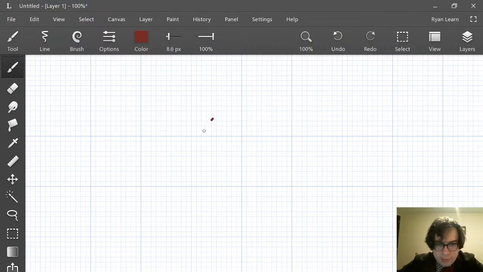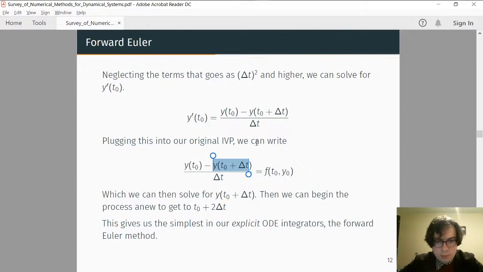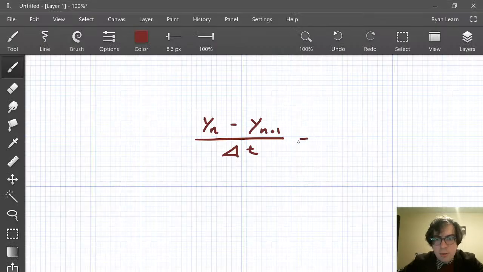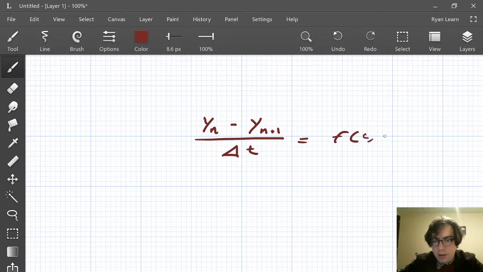We've got our solution at the next time step minus our solution at the current time step divided by delta t is equal to our f, our function, whatever our source term is. And we've given our source term in our problem specification, f of t, y. And in our case, this is just equal to y itself. All right, so we do a little bit of rearranging, and we get that y at the next step.